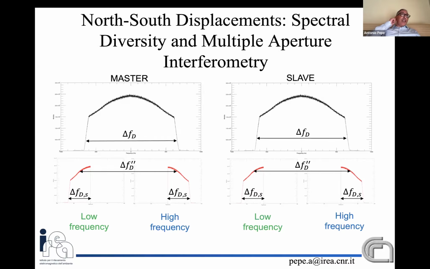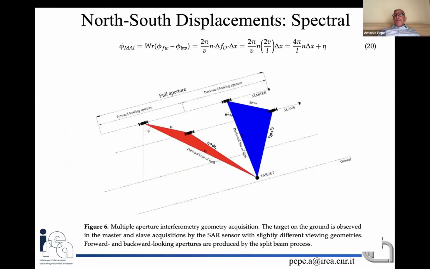Of course, the precision, but also the accuracy of these methods of multiple aperture interferometry depends on the bandwidth we have. The larger the azimuth bandwidth, the more precise the information we can recover.